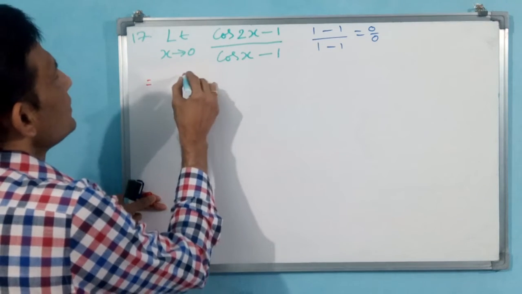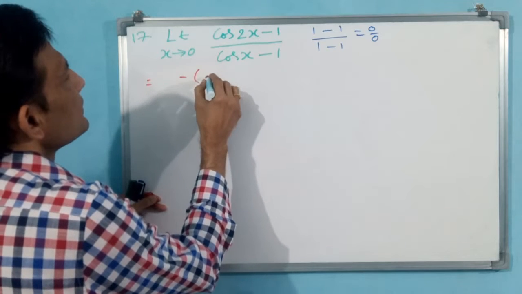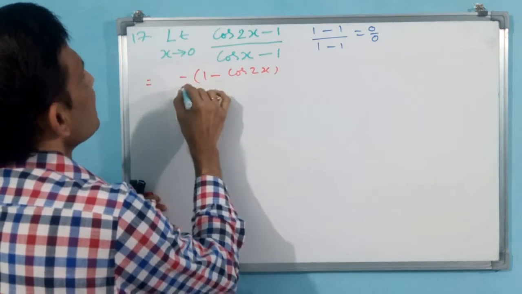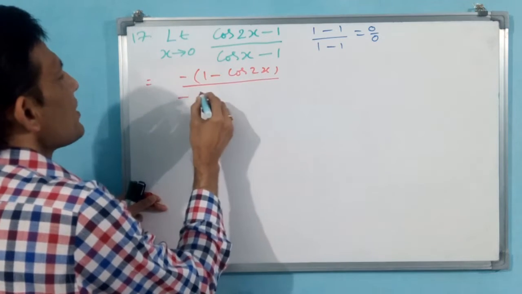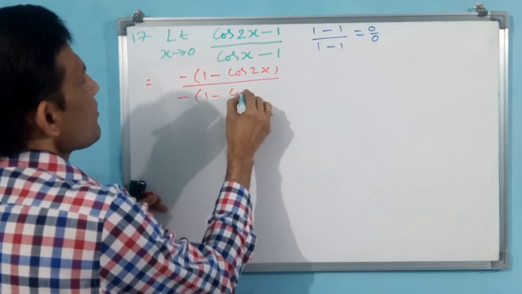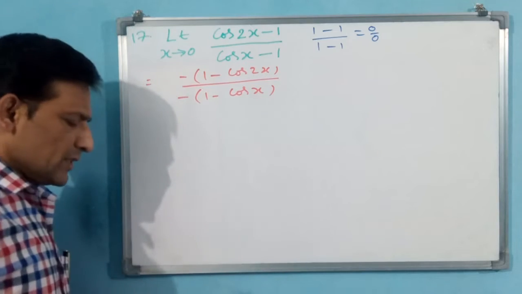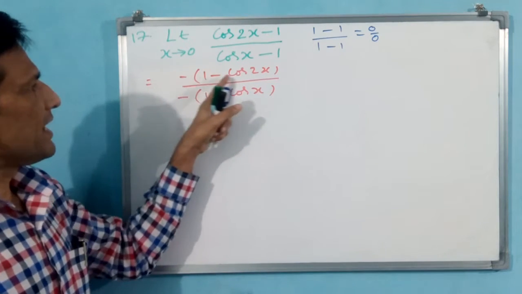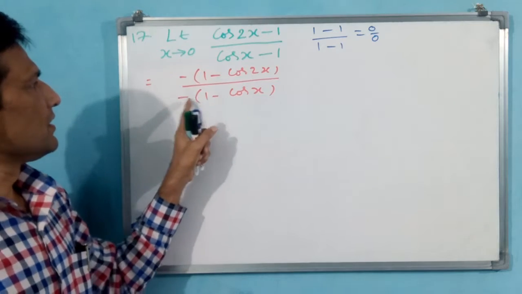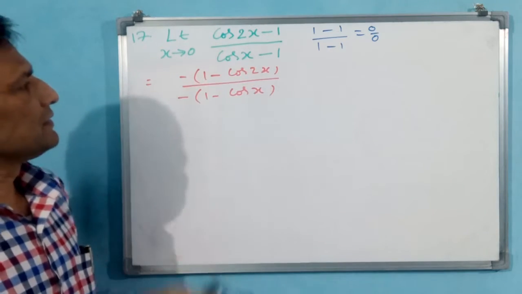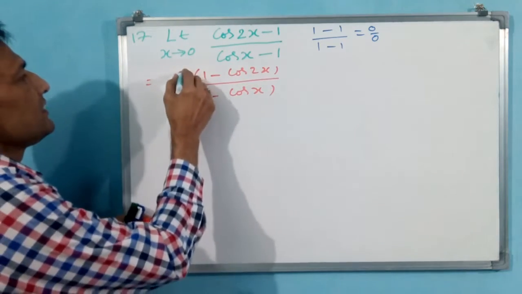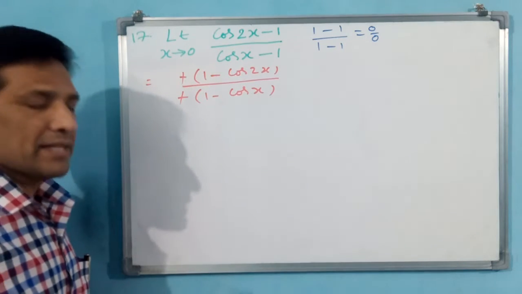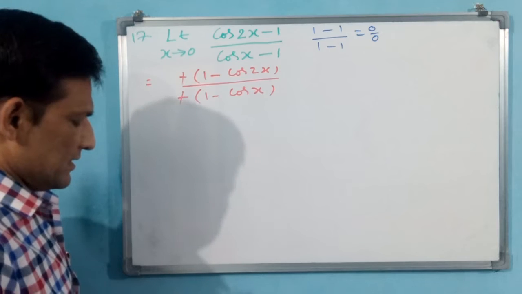That is equal to minus of 1 minus cos 2x, divided by the denominator also minus of 1 minus cos x. If I send minus inside, it is cos 2x minus 1, cos x minus 1. Now you can cancel these two minus signs outside.